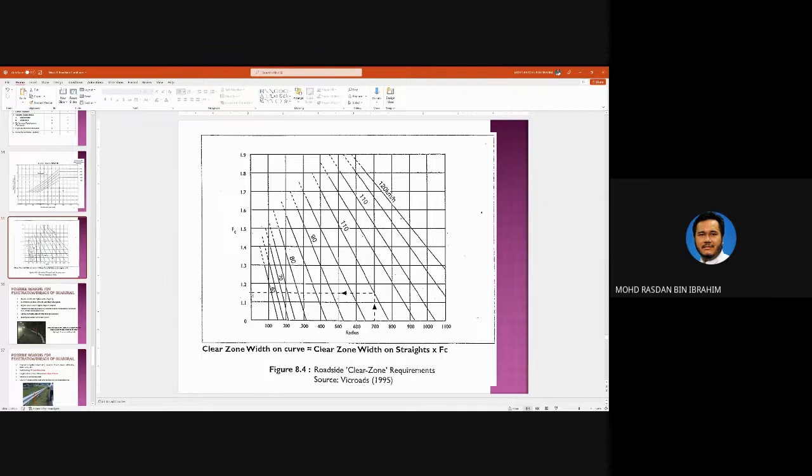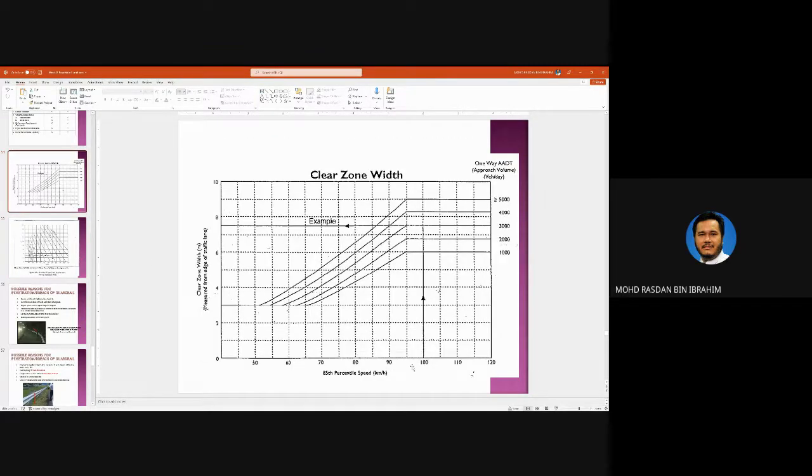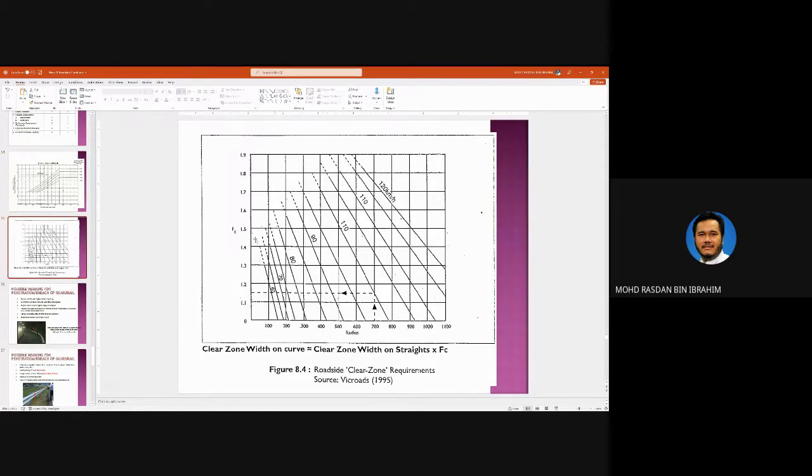So you multiply the 7.5, which considers the 85 percentile speed and the AADT, by 1.15. So along the curves, you need to have wider clear zones.